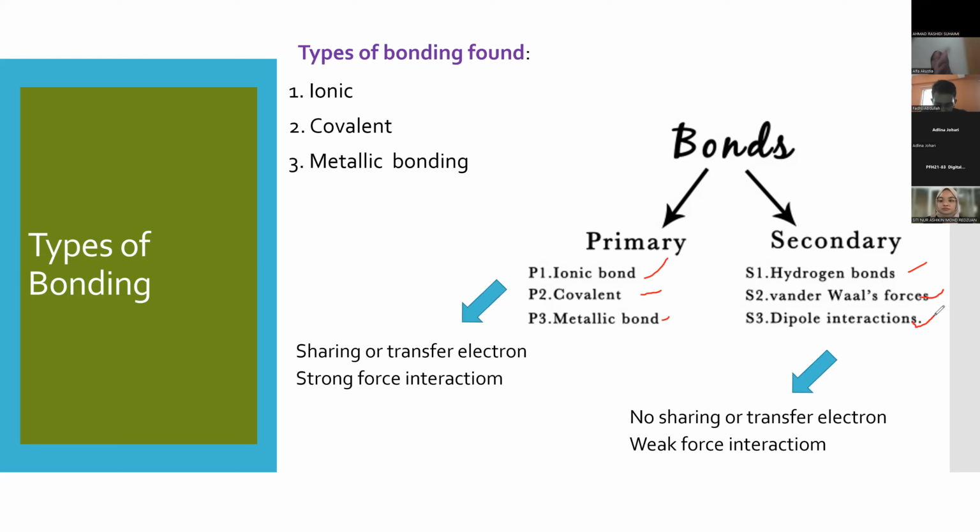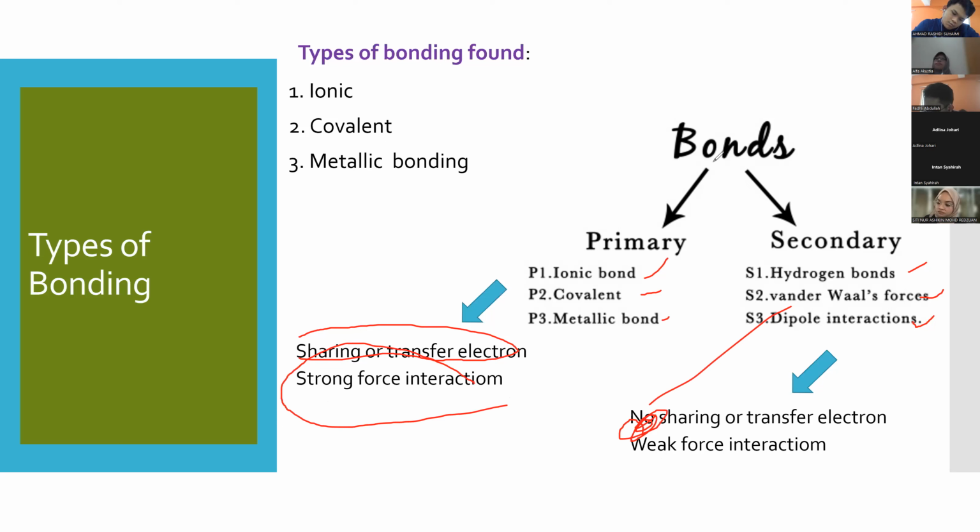Primary bonding involves sharing or transfer of electrons, but secondary has no sharing or transfer of electrons, so there is weak force interaction. In primary bonding there is strong force interaction. Now we want to talk about the primary bonding. The secondary bonding we discussed in the last slide.